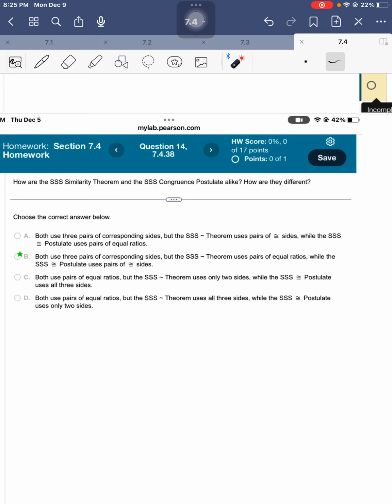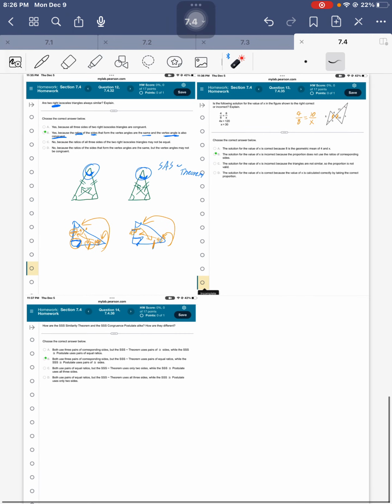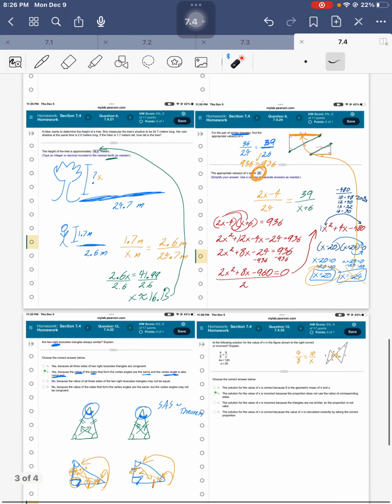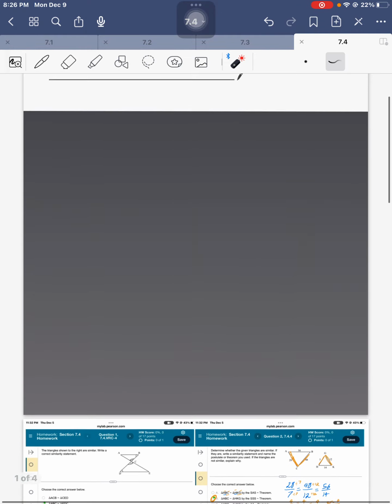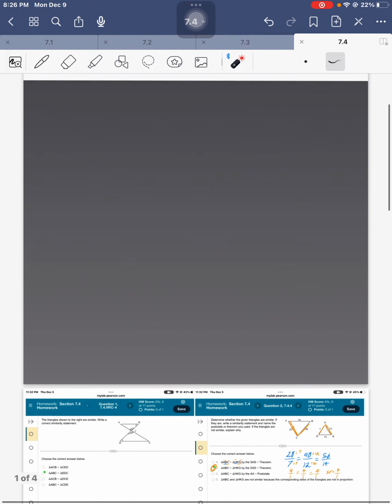The SSS similarity theorem is the one that uses the equal ratios, not the congruency postulate. And both use pairs? No, once again, they don't both use pairs. It's only the SSS similarity. Maybe I said inequality by mistake, guys. I'm sorry. If I say that by mistake, my apologies. It's SSS similarity theorem. So that's pretty much it.